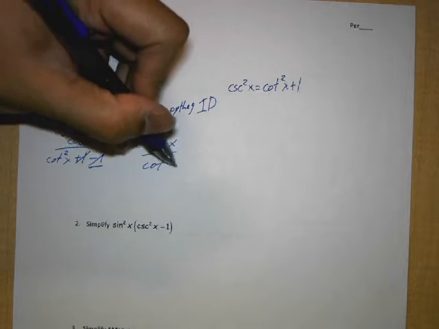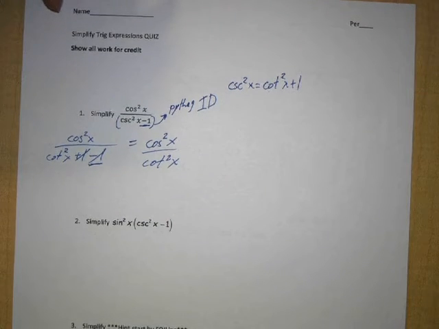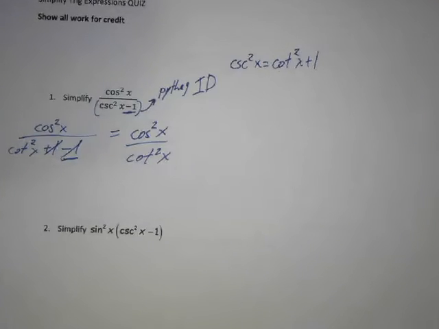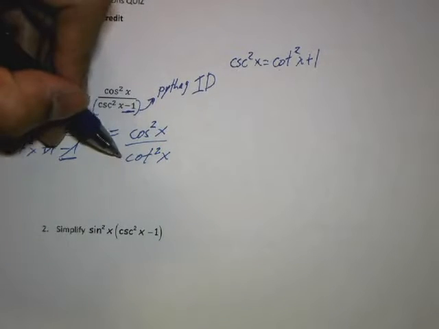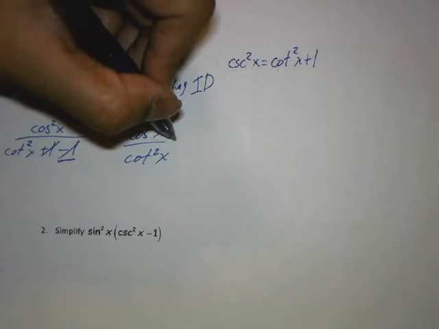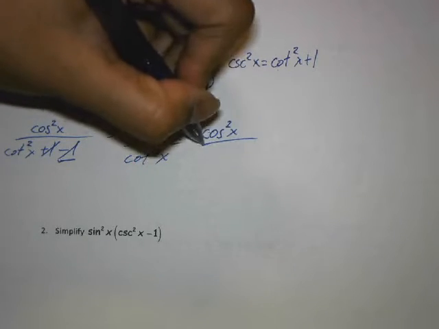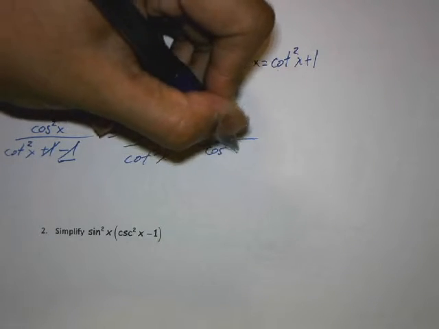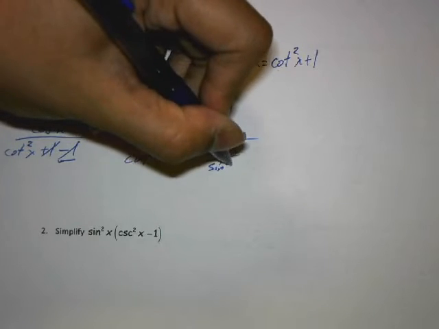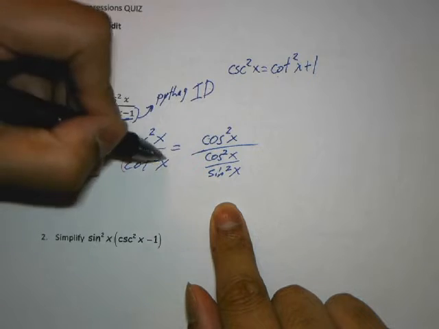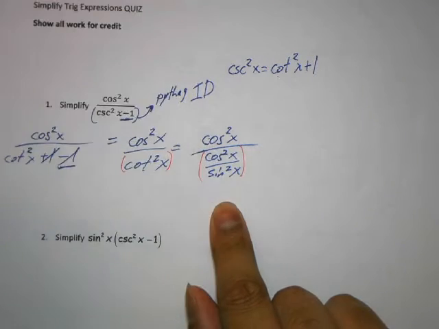cotangent squared x. Now we can continue to break this down further, right? If we change cotangent into cosine over sine, right? So we've replaced the piece right here with this piece.